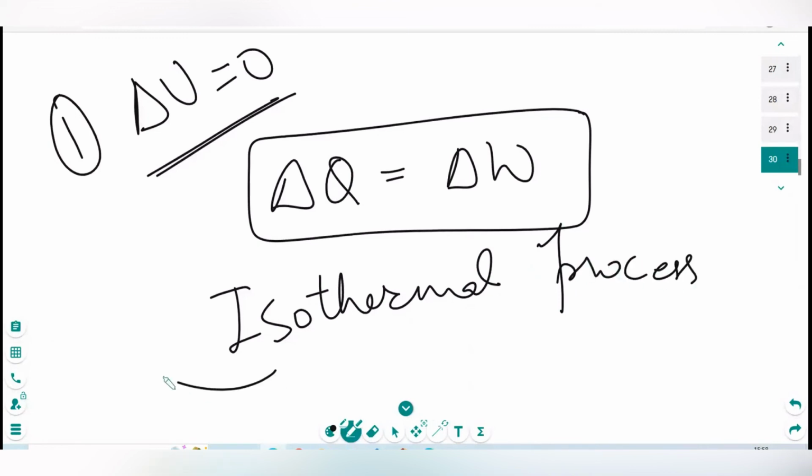What is an isothermal process? One where the change in internal energy is equal to 0.